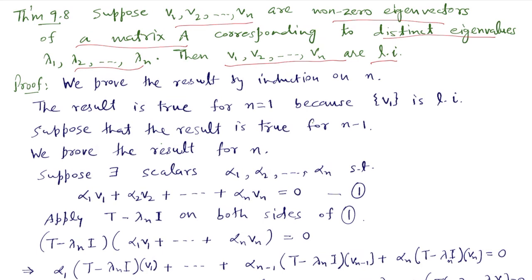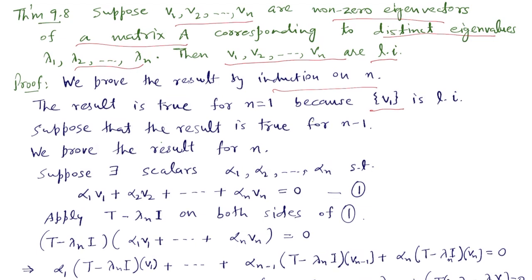We shall prove this result by induction on n. For n equal to 1, we have a single non-zero vector v1, and that is always linearly independent. So the result is true for n equal to 1. Now suppose that the result is true for n minus 1, and we shall prove the result for n.